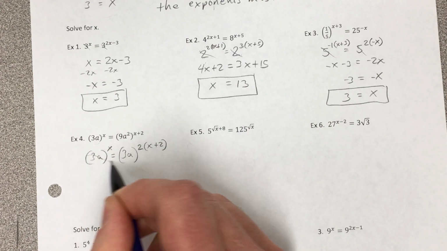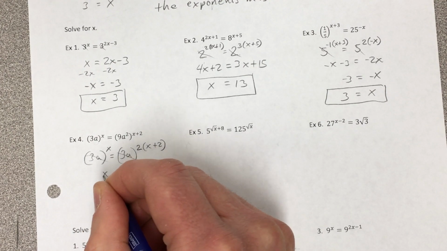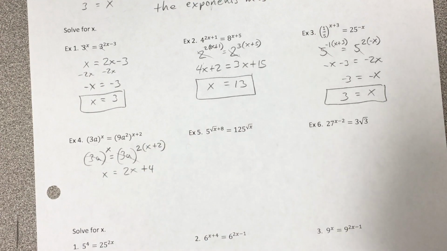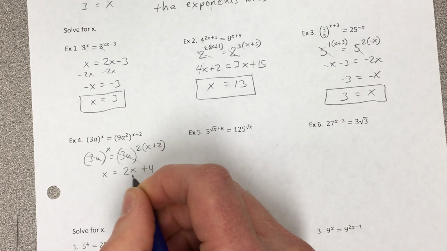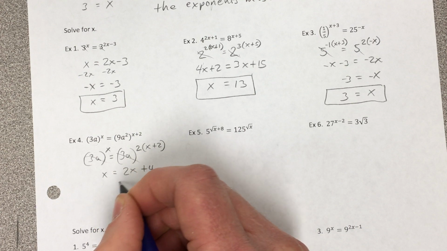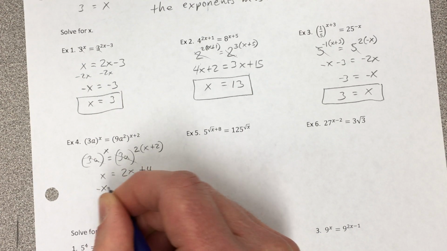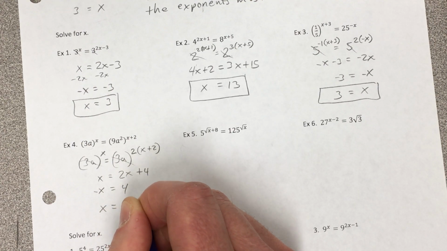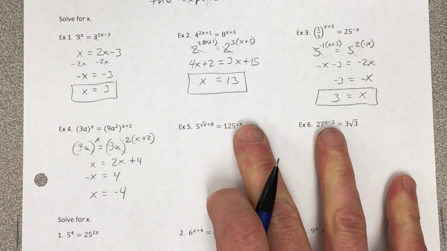And now that we've got our bases the same, we can set our exponents equal. And I'm going to go ahead and distribute. Again, we've got a linear equation. I'll subtract that over. I'll get negative x equals 4. x is equal to negative 4.